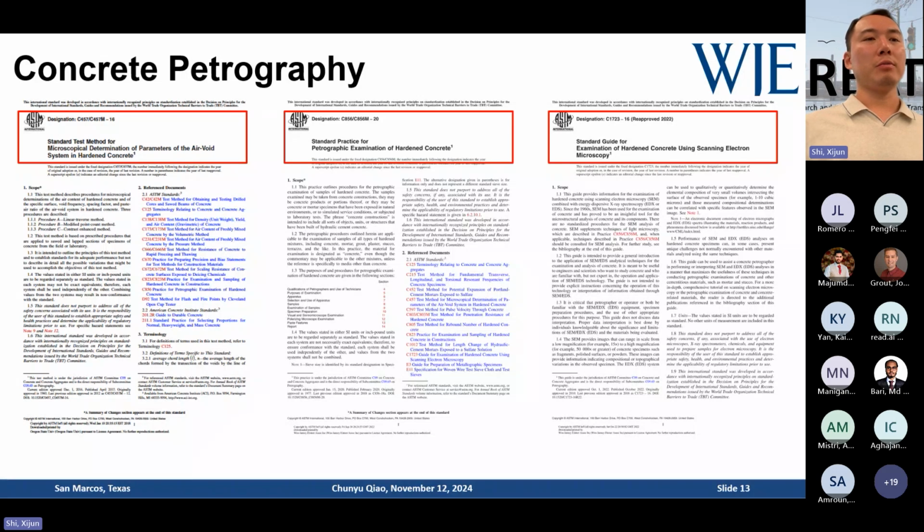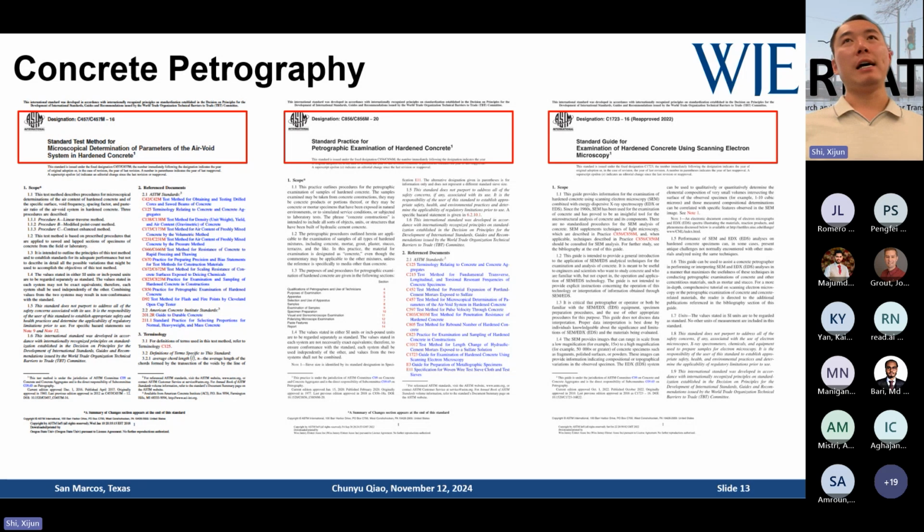ASTM does have a specific standard, ASTM C457, to determine the parameters of the air void system in hardened concrete. This is not plastic air measurement when you have a job on site. This is hardened concrete air void analysis using microscopes.